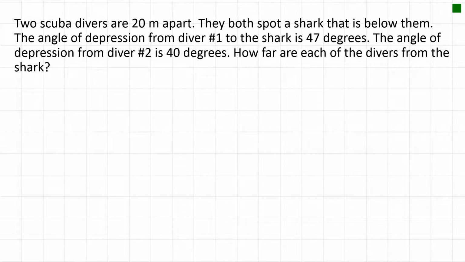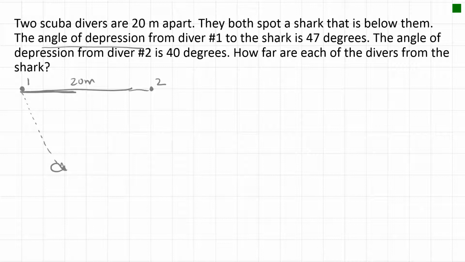So we've got two scuba divers, one here, and we'll call this guy number 1 and this guy number 2, and they're 20 meters apart. They both spot a shark, and the shark is down here, and diver number 1 spots him, and it's an angle of depression.